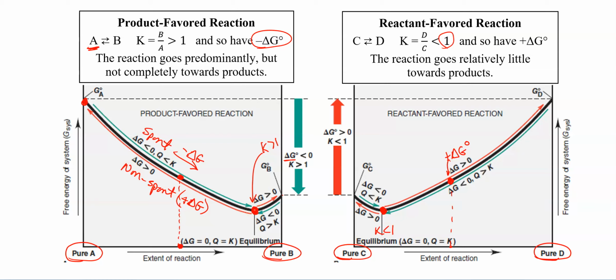Hopefully that tells you how delta G naught relates to your K, whether it's less than 1 or greater than 1, favoring reactants or favoring products. So that's kind of the key: K being greater than 1 is a negative delta G naught, and you end up with more products than reactants. Okay.